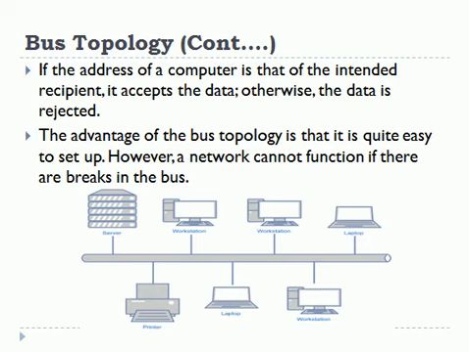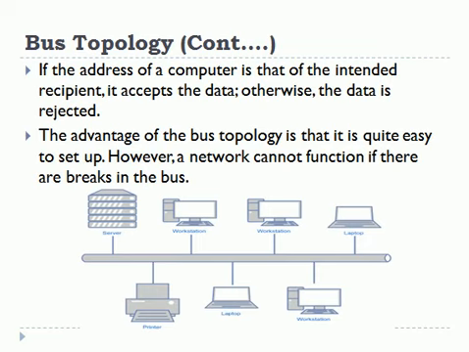If the address of a computer is that of the intended recipient, it accepts the data, otherwise the data is rejected. So data travels to each and every node connected to the bus, and only the node concerned keeps the data, otherwise it rejects it.